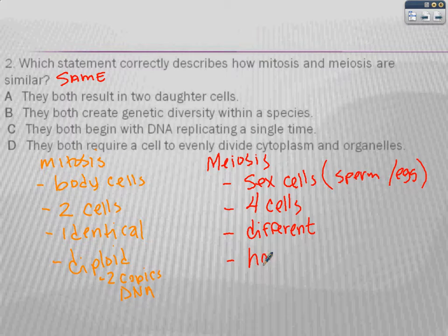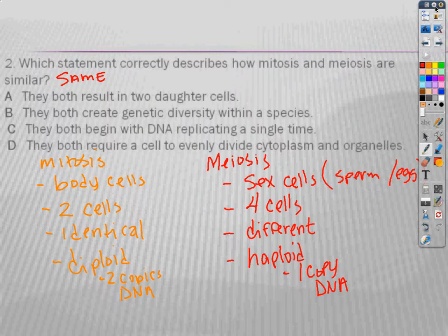And they are haploid, which is only one copy of the DNA, or one set of chromosomes. And so if we go back, this is a human with 46 chromosomes, and then the meiosis would make 23 chromosomes. That's usually how we have looked at it before.